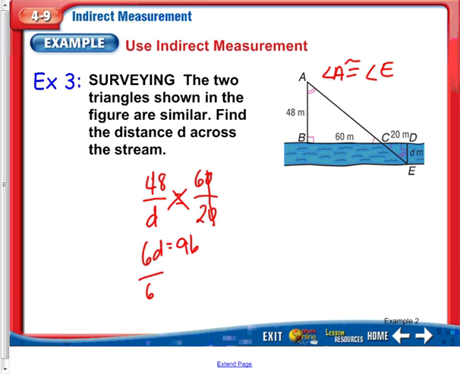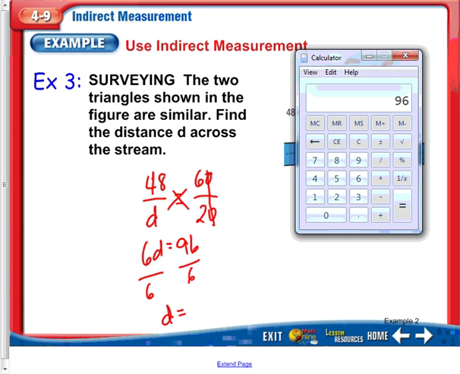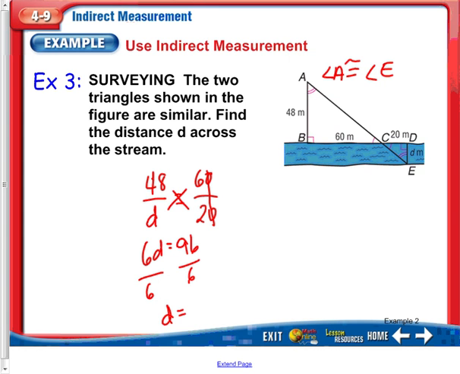Then we need to divide both sides by 6. And so 96 divided by 6 is going to give us 16. So across the stream, or across the river, we have 16 meters.